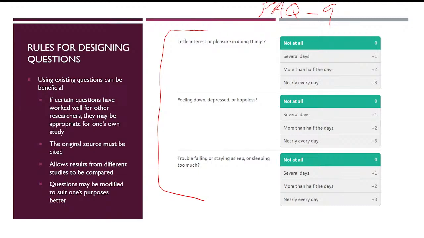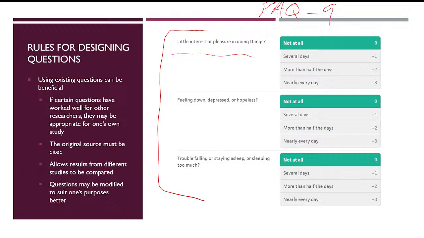And you can see this is a psychological scale. I cut off the top, but basically it asks, in the last 2 weeks, how often have you felt the following, right? So little interest or pleasure in doing things. If you answer not at all, you get a score of 0. If you answer several days, you get a score of 1.